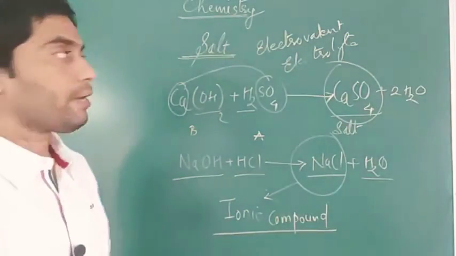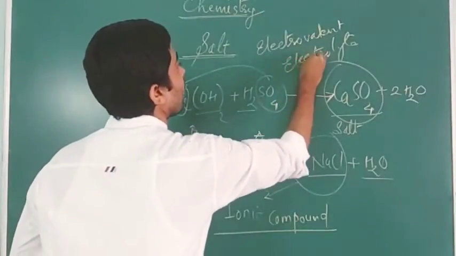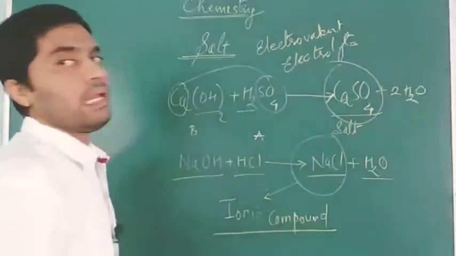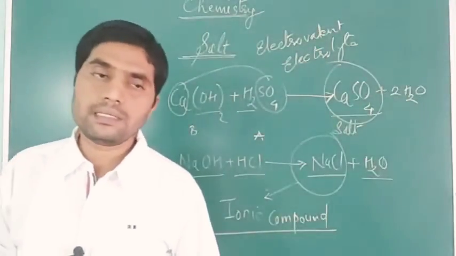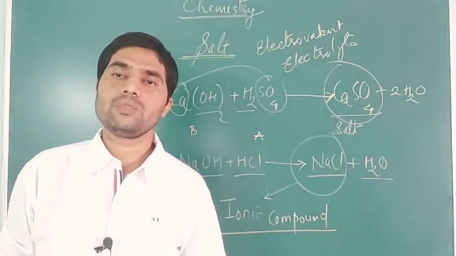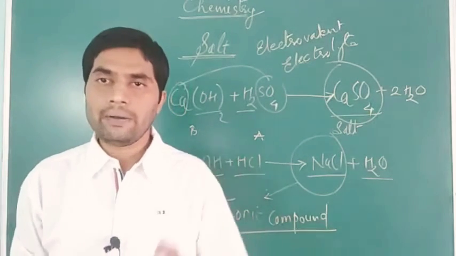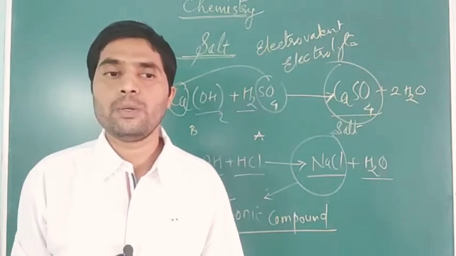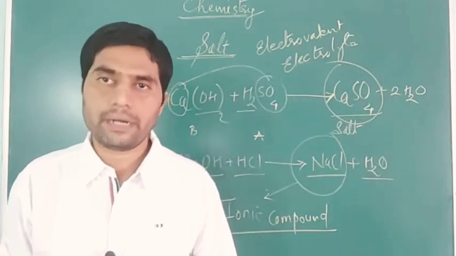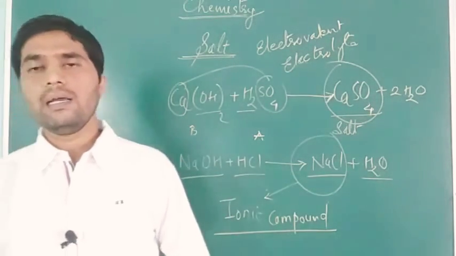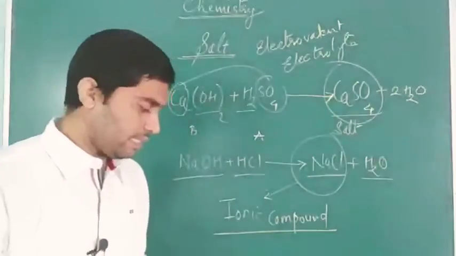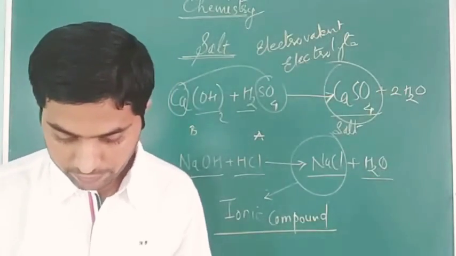What is the meaning of electrolyte? An electrolyte is a substance which, when added to a suitable solvent, ionizes and is able to pass electricity. They are conductors, meaning electrolytes are conductors of electricity. This is the meaning of electrolyte.